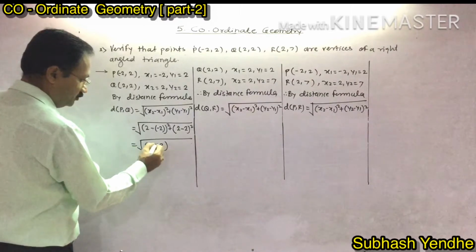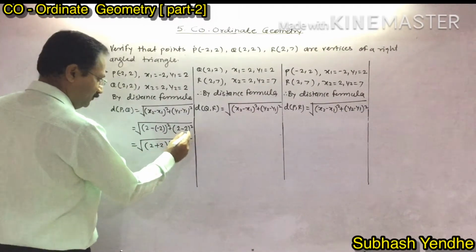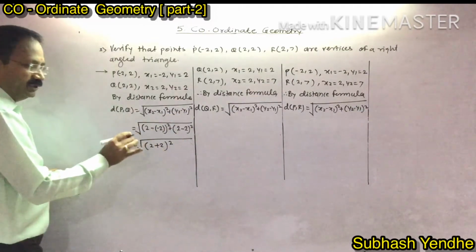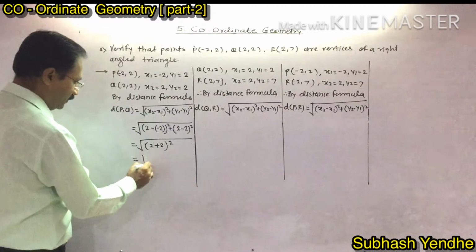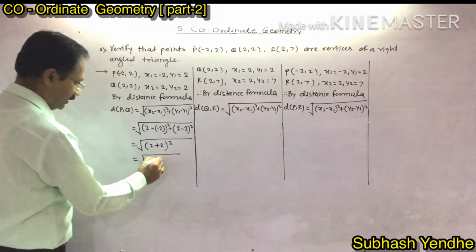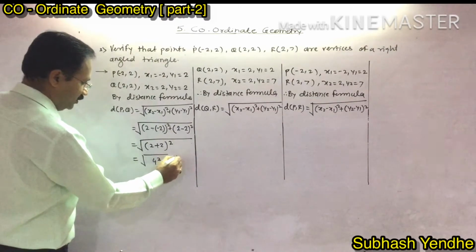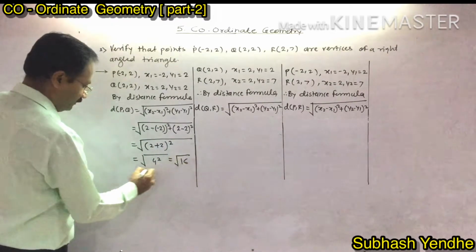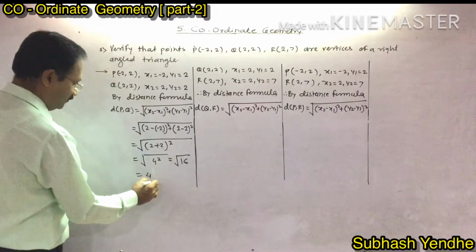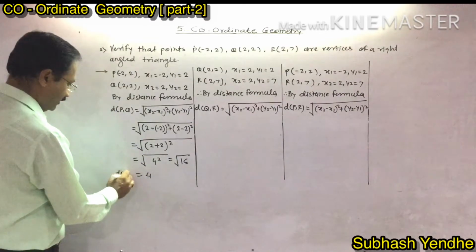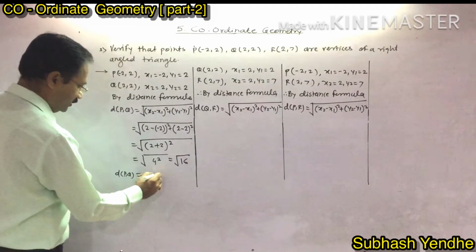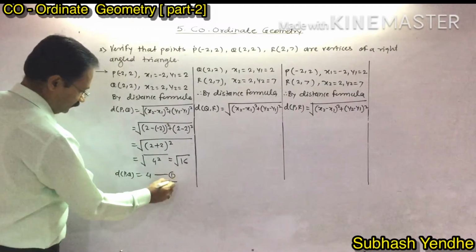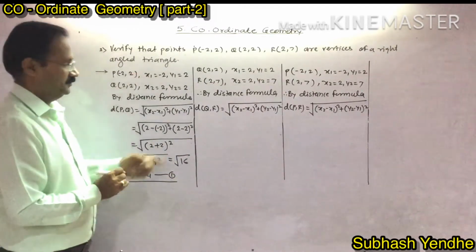So it will be converted into plus. 2 minus 2, it is 0. So no need to write it here. So 2 plus 2 is 4 square. And 4 square, we know that it is 16. And root of 16 is 4. So it means here you get the distance PQ is 4. This is your first answer.